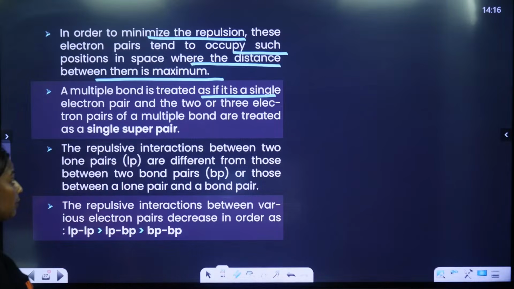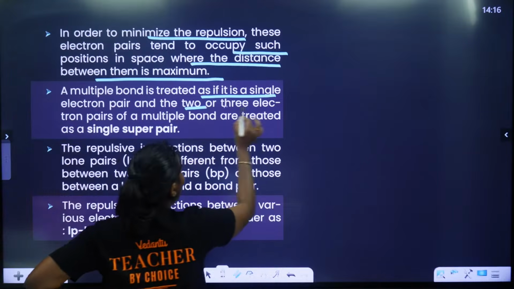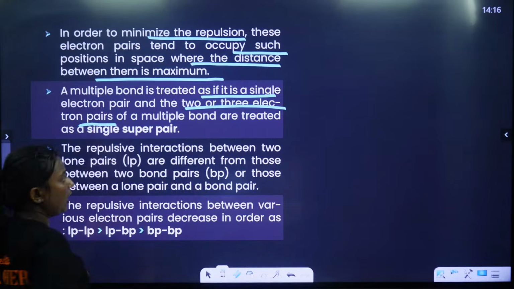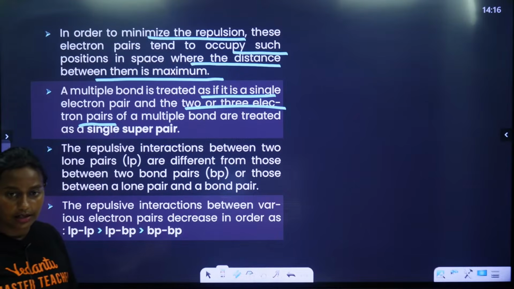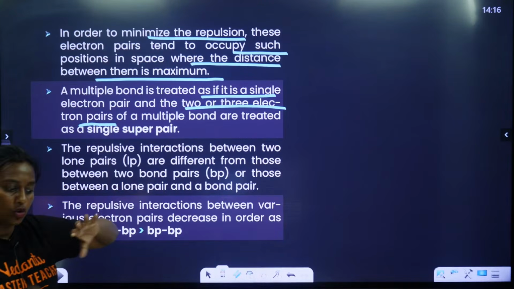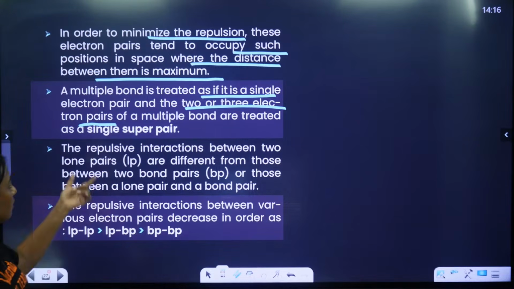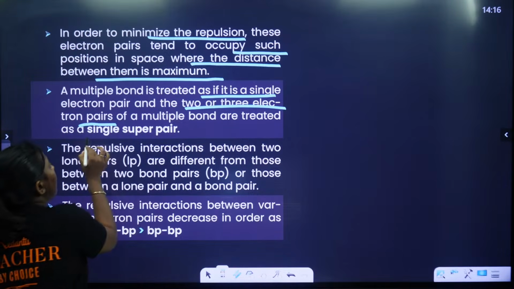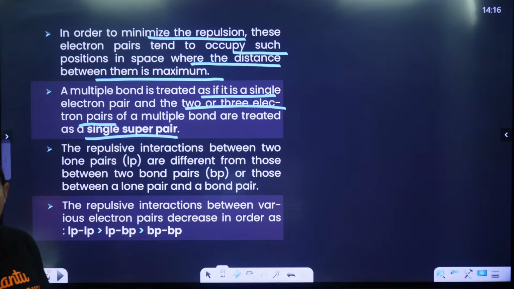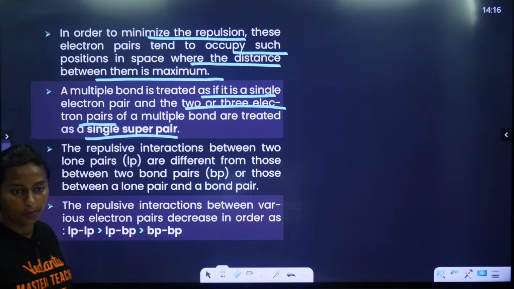The 2 or 3 electron pairs of a multiple bond are treated as a single super pair.